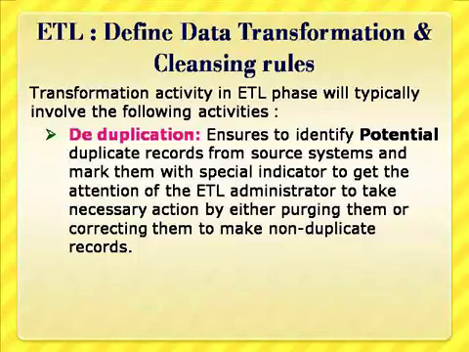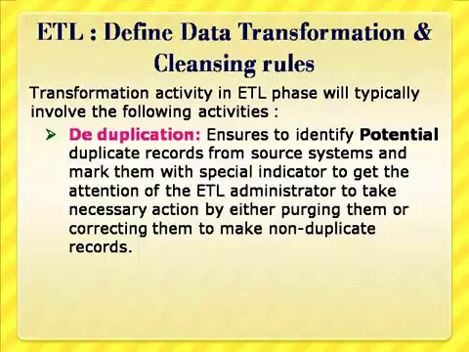A good example for this is, suppose a global company has 2 employees working in 2 different countries, and their first name, their last name, their date of birth are matching exactly. Okay, but we know that there are 2 different employees, but from a system perspective, since the first name, the last name and date of birth are matching, it will identify them as potential duplicates.